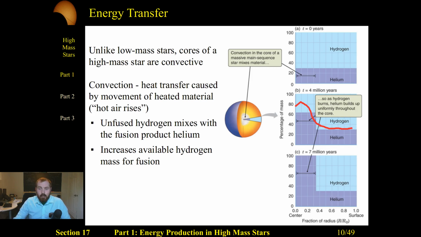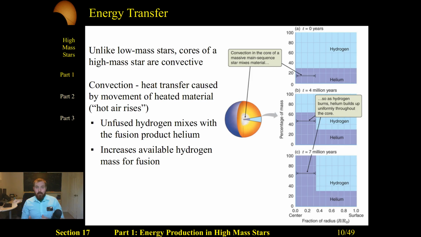But here, because of the convective nature of the core, there's just this straight line of increasing, right? Those hydrogens are mixing with the helium fusion products, and it's increasing the amount of hydrogen that's available for fusion. Energy is getting produced, and because of the convective nature of the core, more hydrogen is allowed to be burned.